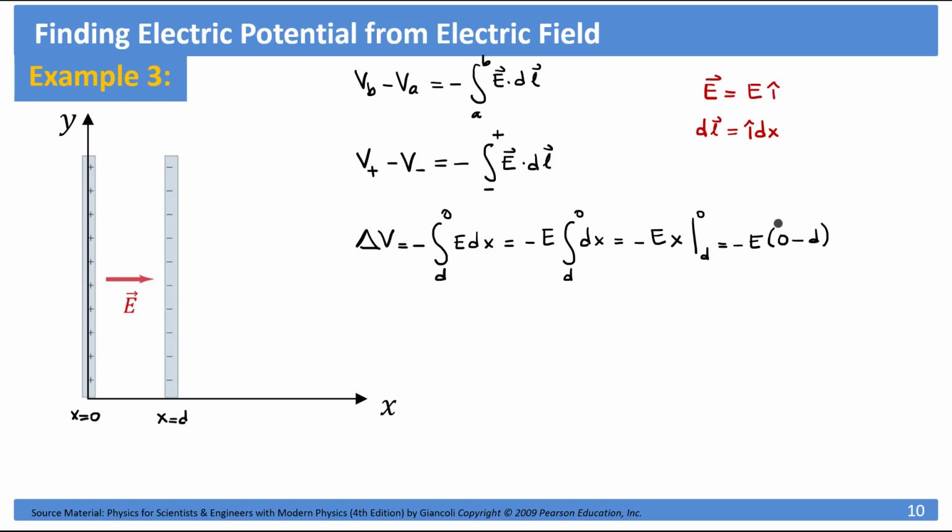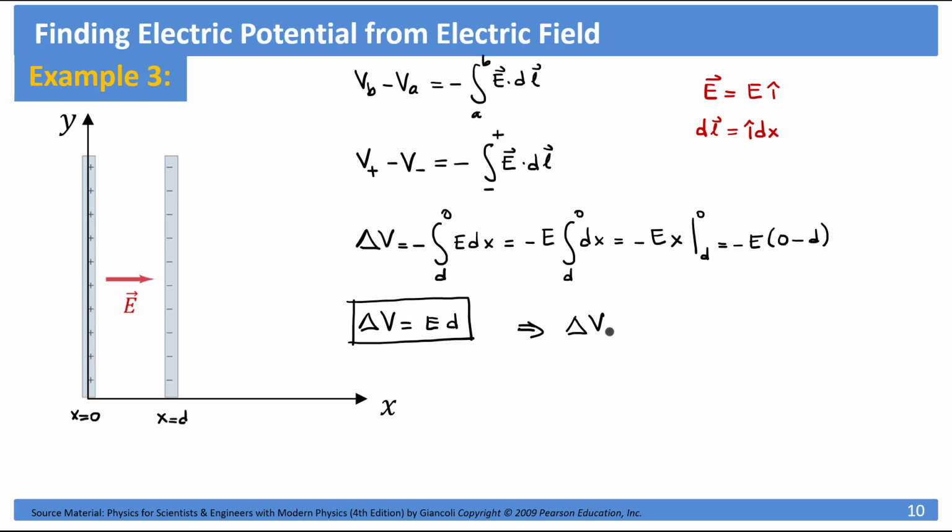The minus minus will give you a plus, so apparently the delta V in this case is going to be equal to E times d. Now we know the values of the electric field and the separation between the two plates, so we can actually calculate a numeric value for the potential difference.